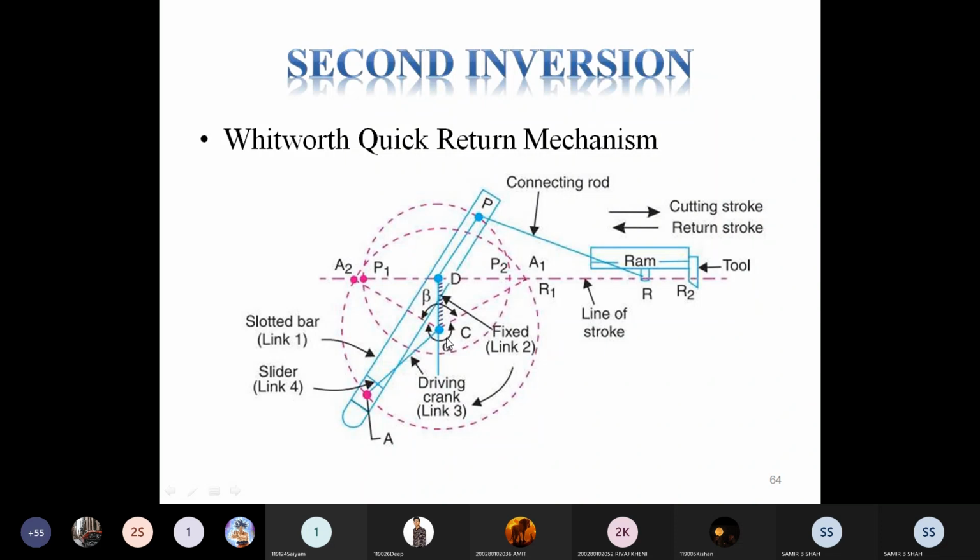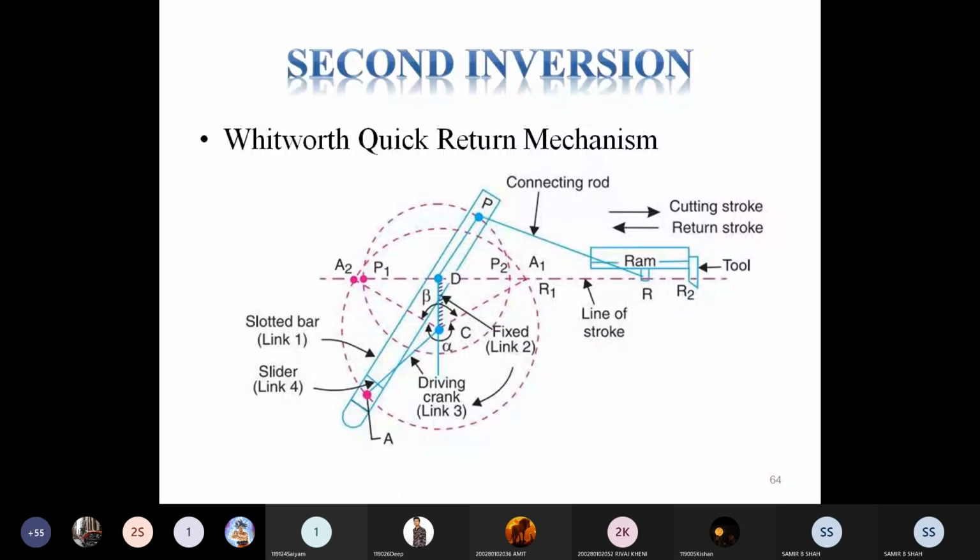It means the time taken by the tool is less during the backward stroke. This is the prime condition for the shaper machine, because the return stroke is idle, non-cutting, so the time should be less to come back to its own position. So definitely beta is always less than alpha.